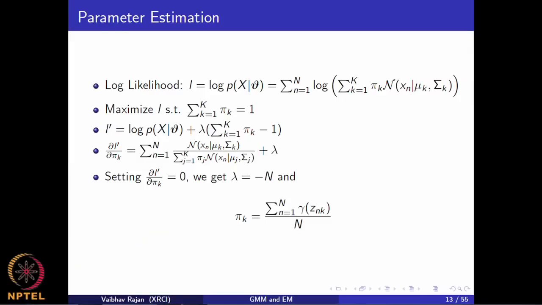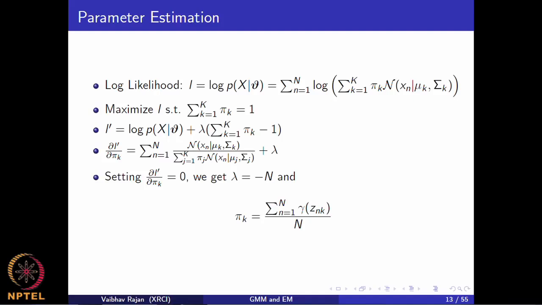So then you just take a Lagrange multiplier here, take this constraint and do the differentiation, and you again get back the responsibilities. So every time you do this derivative, you see the responsibility cropping up, and if we set this to 0, we can get the lambda parameter as minus n, and we get the value of pi k equal to again this proportion. This proportion again is intuitively very clear.